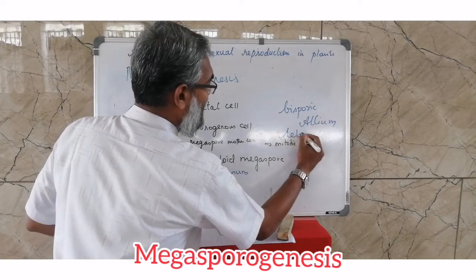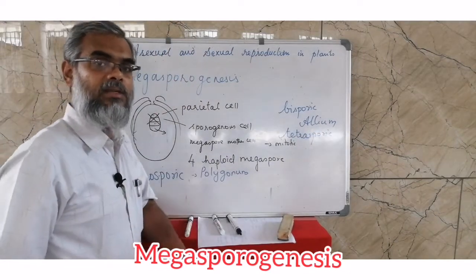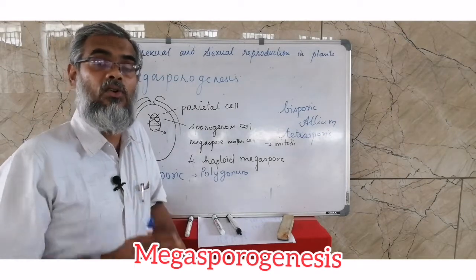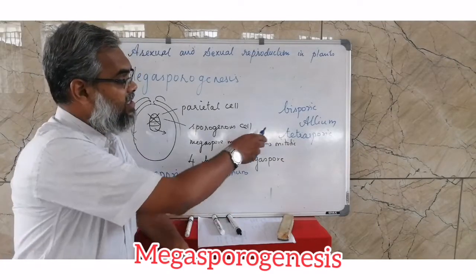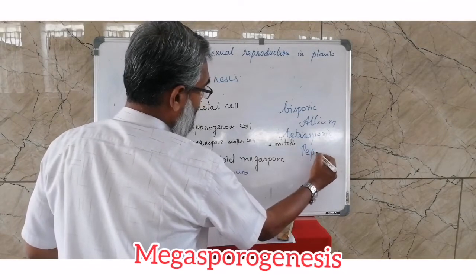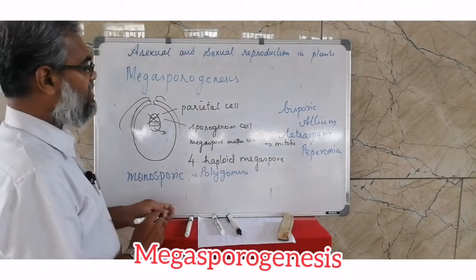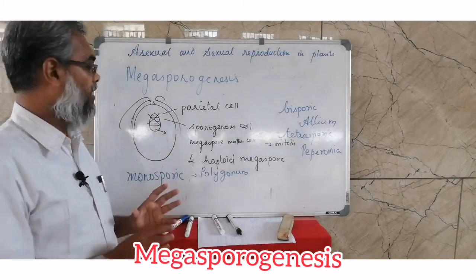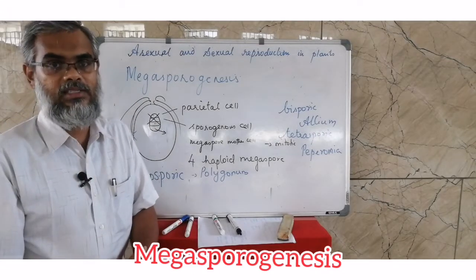So now tetrasporic. What do you mean by tetra? Tetra means 4 cells. So all the 4 cells will become functional. So that is said to be tetrasporic. Example, Peperomia. So this is how the megaspores are formed from one cell of the nucellus.